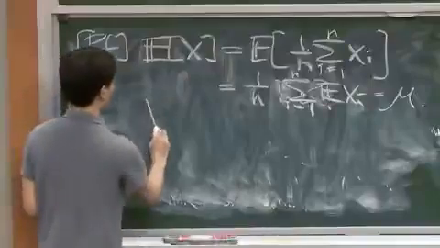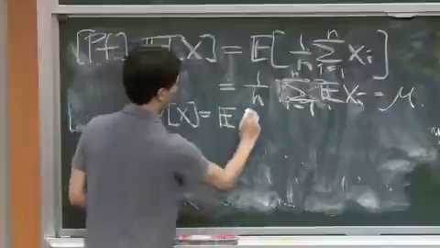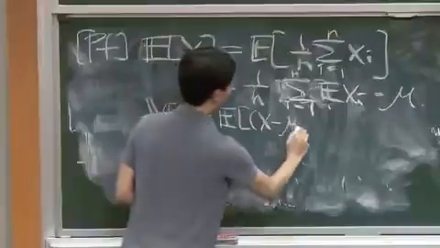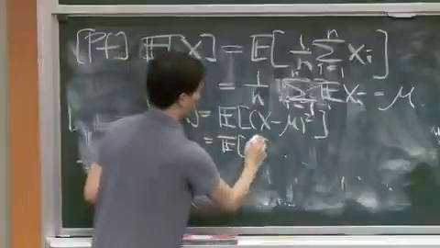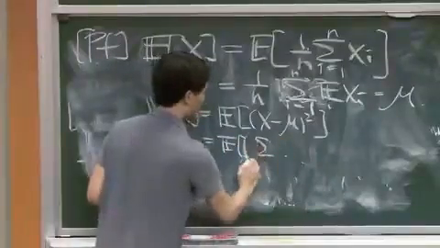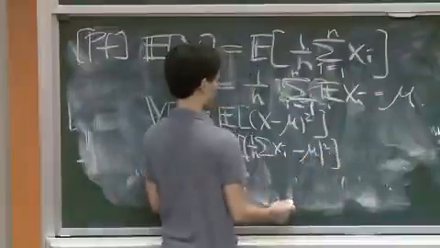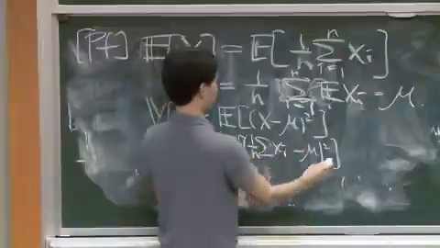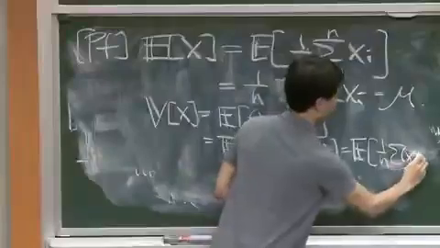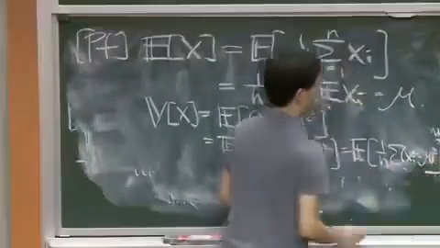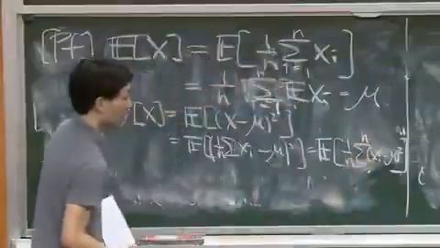And then the variance. What's the variance of x bar? That's the expectation of (x bar minus mu) squared, which is the expectation of (the sum over all i's minus mu) squared. Now group them. That's the expectation of (1 over n times the sum of xi minus mu) squared, i from 1 to n.